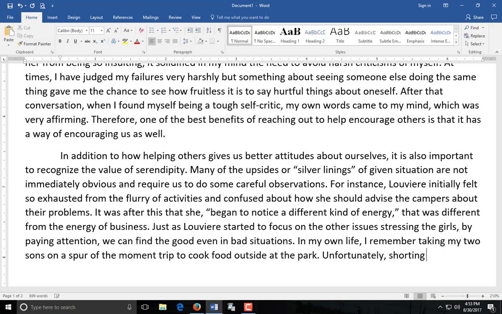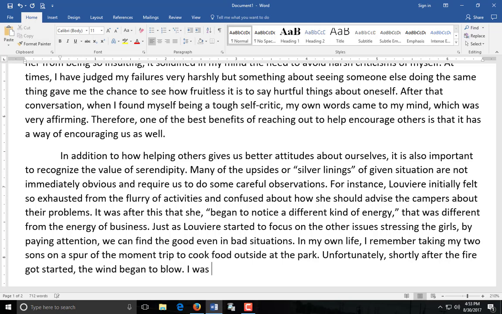Unfortunately, shortly after the fire got started, the wind began to blow.